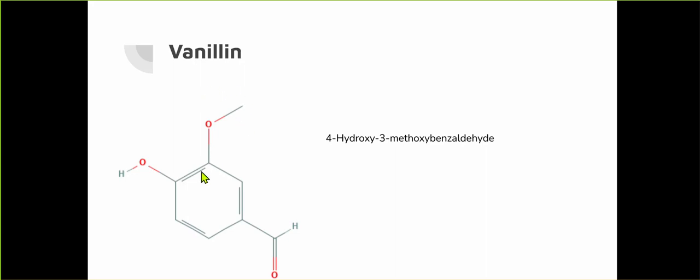Vanillin is a benzene ring that's got an OR group here, an OH group here, and an aldehyde group over here. So this gets called 4-hydroxy-3-methoxybenzaldehyde. And the common name is vanillin, which is the vanilla flavor.